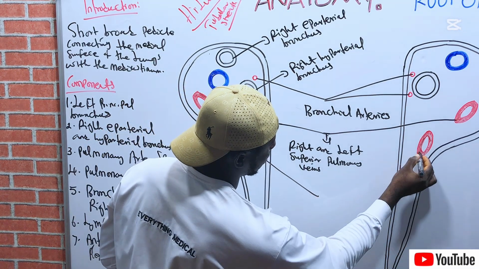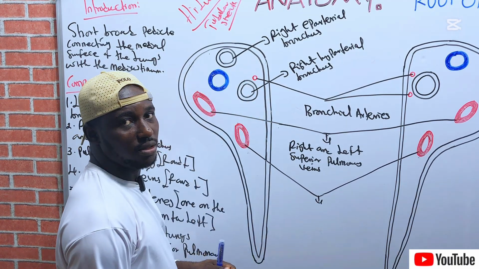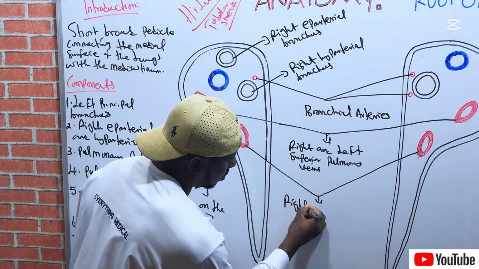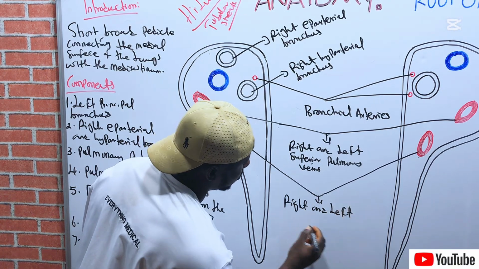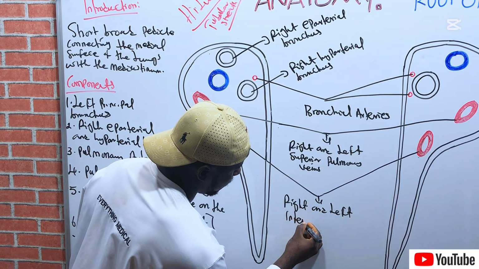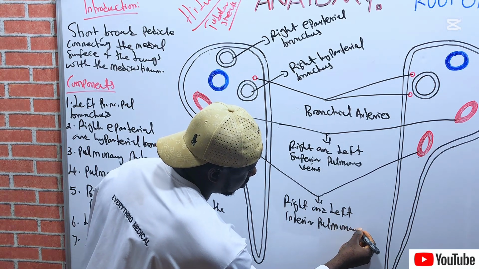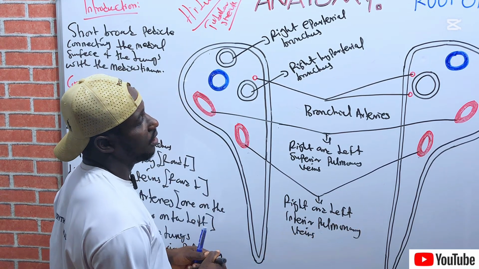We have the right and left inferior pulmonary veins.